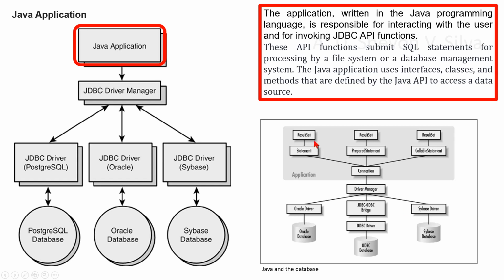The interface ResultSet, a table of data representing a database result set, which is usually generated by executing a statement that queries the database.